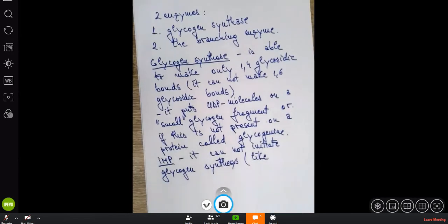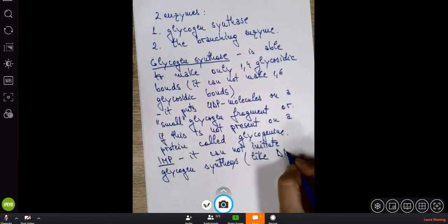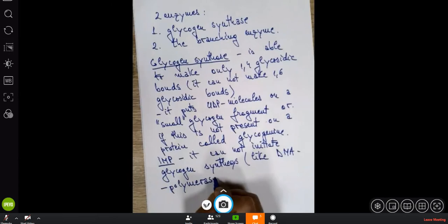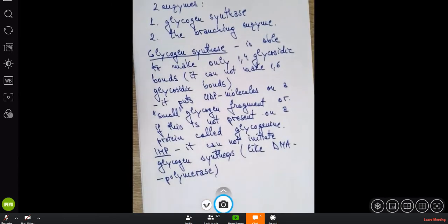And there is an analogy here with DNA polymerase. So also DNA polymerase cannot initiate DNA synthesis. So we need always a primer. First of all, we are making a first small RNA fragment, and on that small RNA fragment, we are continuing to synthesize DNA.